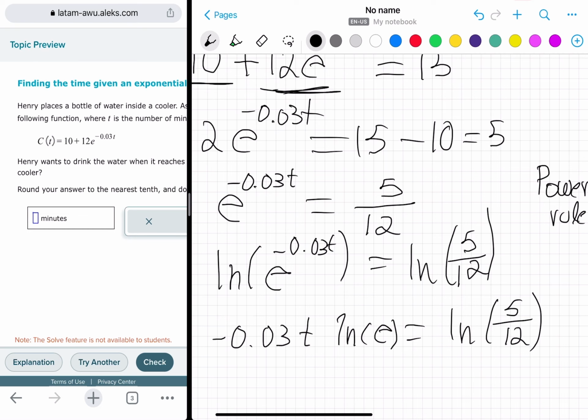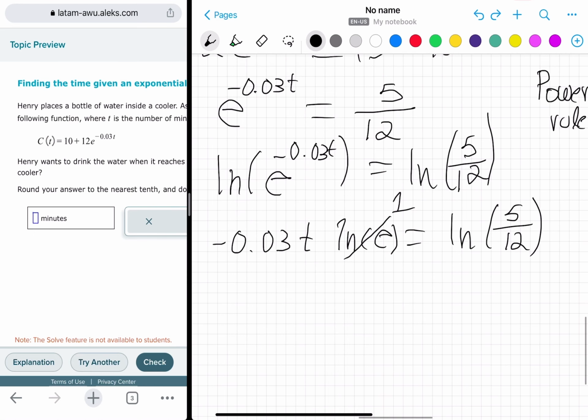Now, I know for sure that the natural logarithm of e is always 1. Always. Natural logarithm of e equals 1. Don't forget that. Now, I can rewrite only minus 0.03 t equals the natural logarithm of 5 over 12.